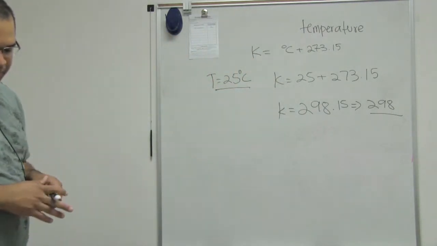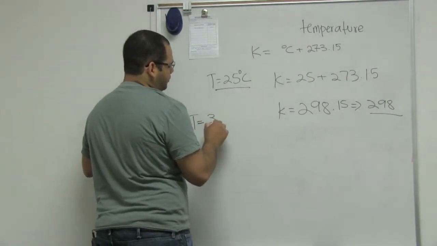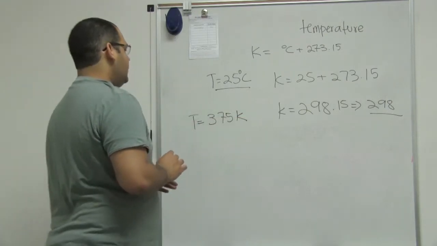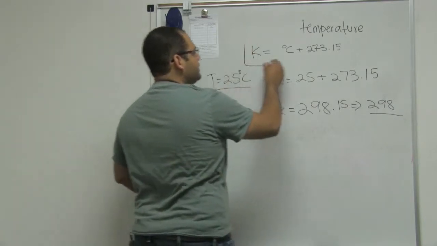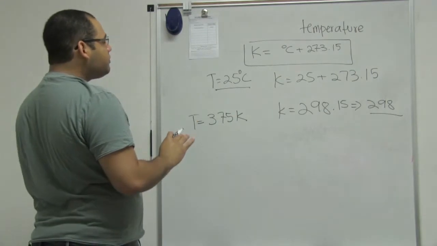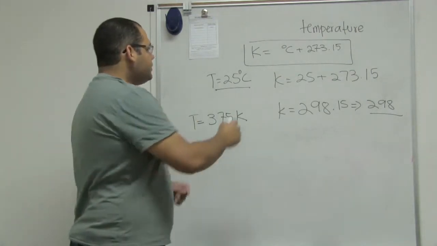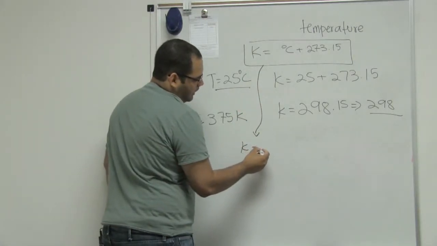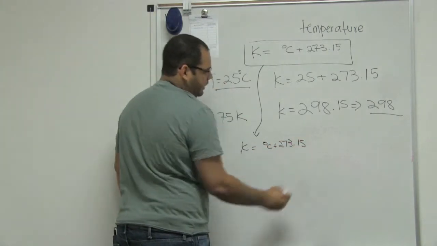Now, if my professor says, well, my temperature is equal to 375 Kelvin, and what is this temperature in Celsius? I'm using the same formula. However, what I want to do first is solve my equation for Celsius. So I'm going to solve K equals Celsius plus 273.15.